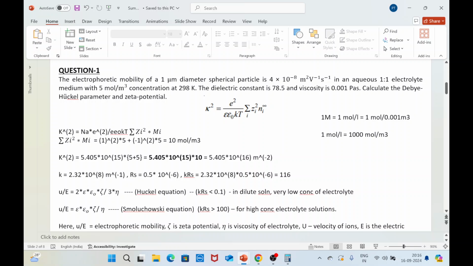So in all those cases, it is 1000 times Na, that is your Avogadro number, times e square, that is your electronic charge square, by epsilon naught kT times sigma Zi square Mi.